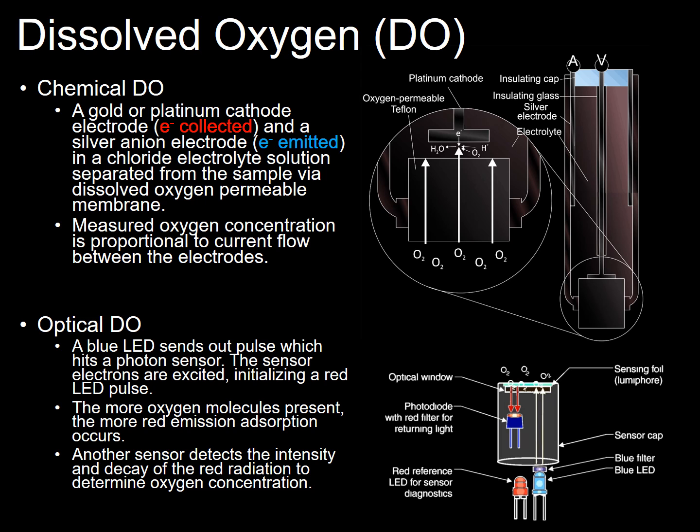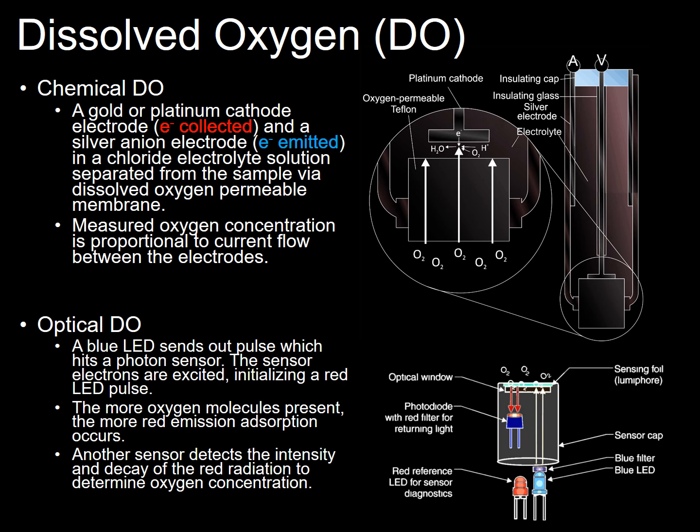Dissolved oxygen. The previous presentation that Lily allowed me to give to everyone, I discussed this a little bit. Two types currently used, chemical and optical. There's a couple different types of chemical as well, but in this case, just giving a simplified diagram here on the right. The chemical dissolved oxygen is usually measured with a unique metal, gold or platinum cathode, and silver anode electrode.